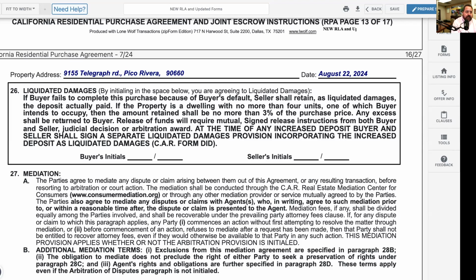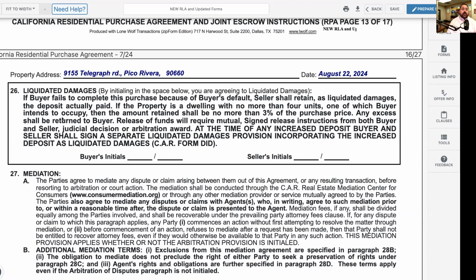Now, the protection for the buyer and the reason that this exists is that you're limited to 3% of the purchase price in the damages you could lose. And what that means is, it doesn't mean that the seller can come after you for 3%. It just means they're limited to 3% of the purchase price, and that's based on the initial deposit.